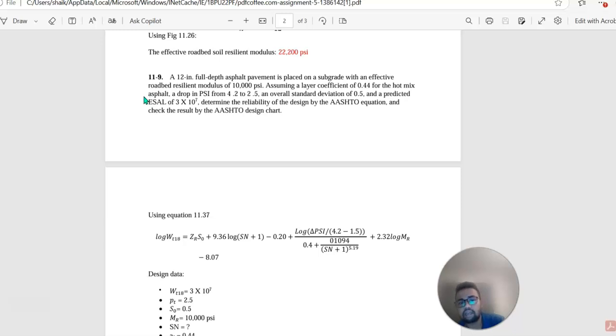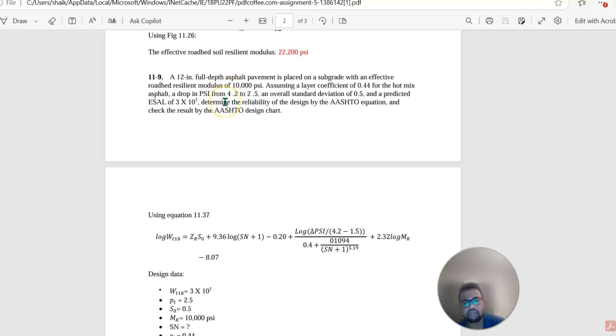A drop in PSI from 4.2 to 2.5, an overall standard deviation of 0.5, and a predicted W18 of 3 times 10 to the power 7. Here we need to determine the reliability of the design by the AASHTO equation and check the result by the AASHTO design chart.